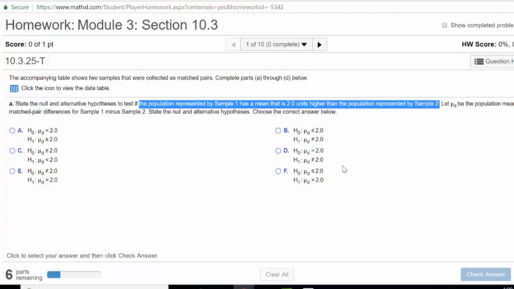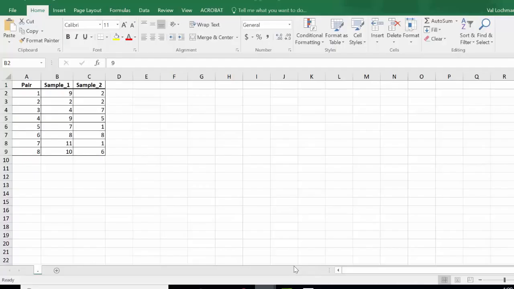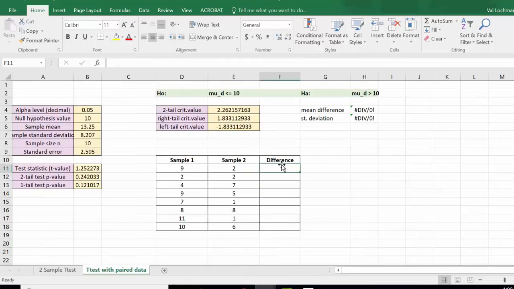So if sample 1 is higher than sample 2, how are we going to find our difference? We're going to say sample 1 minus sample 2, and I'm going to drag all of these cells down here.